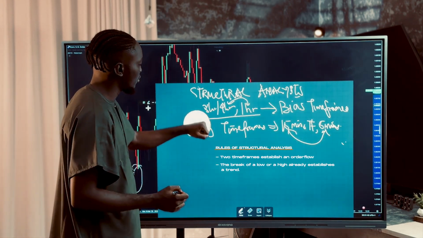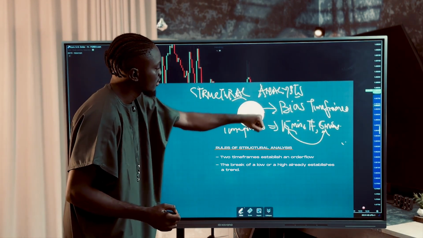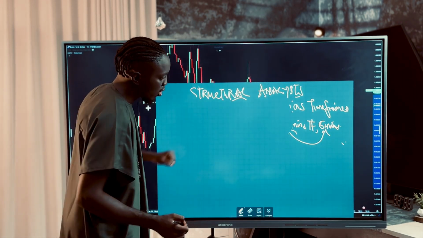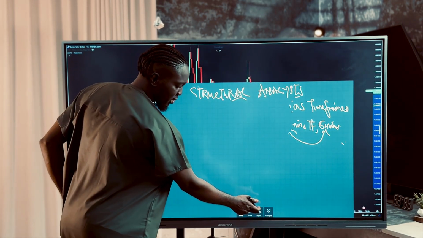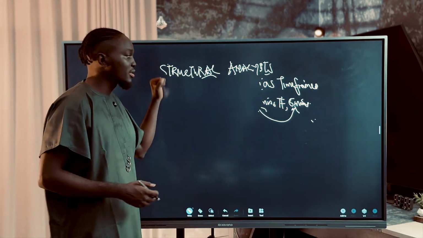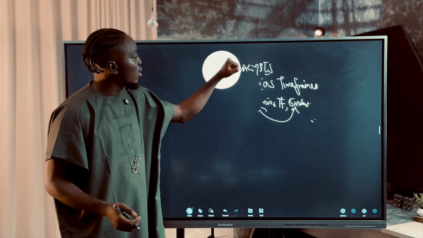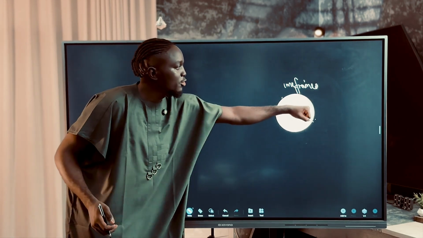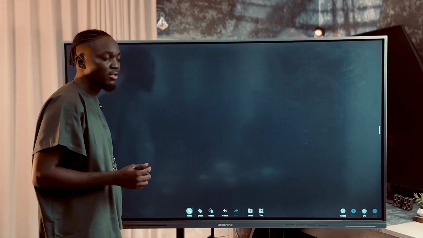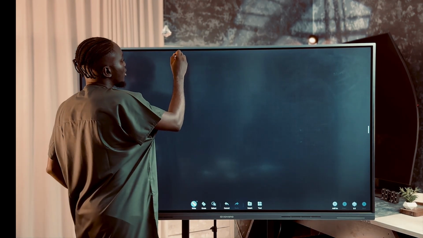I will need to erase this. Or better, let me make this bigger. All right, let's have the full screen of the whole thing so that we can have more screen to ourselves. So we are still talking about structural analysis.